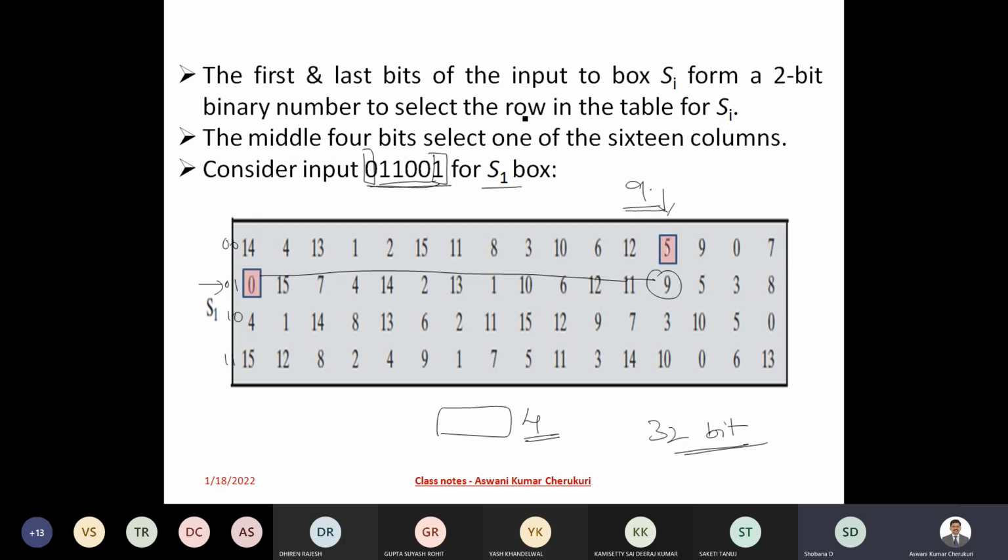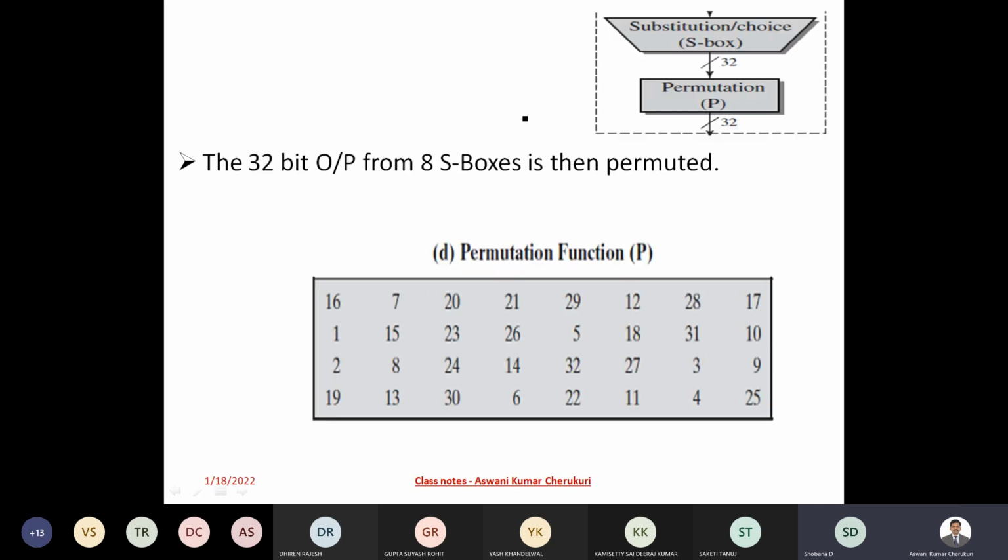So now we have understood how the algorithm is working. Once that is done, we have completed the substitution operation. Next, we have to do the permutation operation. Is that clear? That is the next step. You remember the 6 steps, or you forgot? So the next step would be permutation.